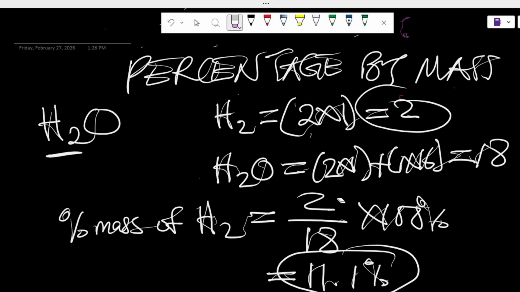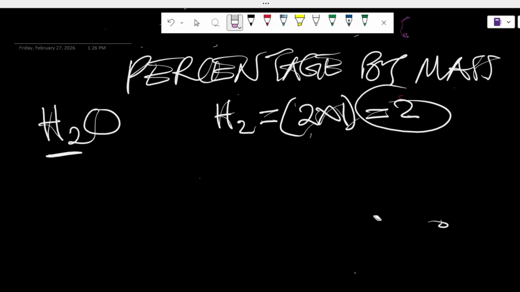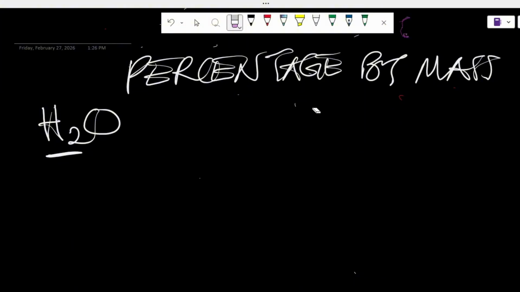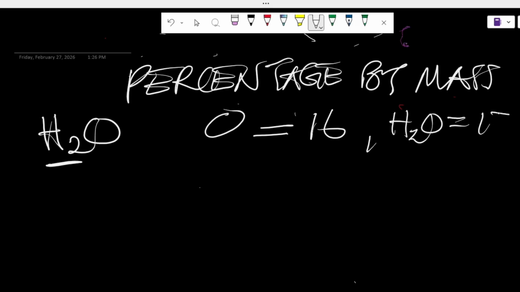Now you can also calculate the percentage by mass of oxygen. So how are you going to do it? Well, again, just use the same principle. In this case, oxygen is 16, and water is still 18.